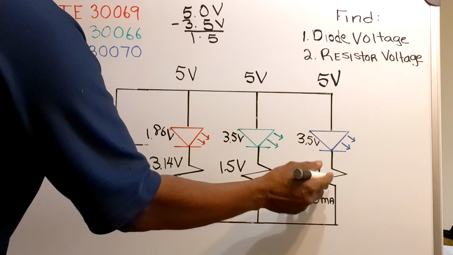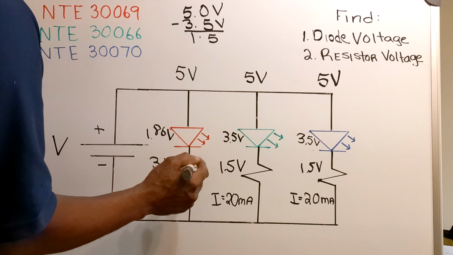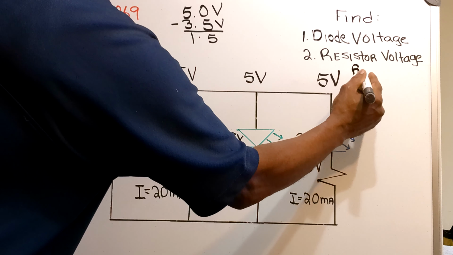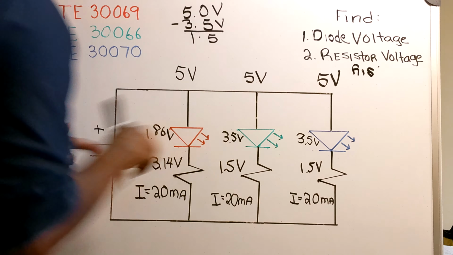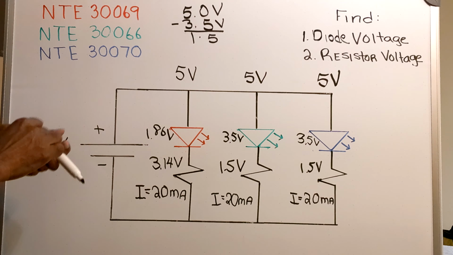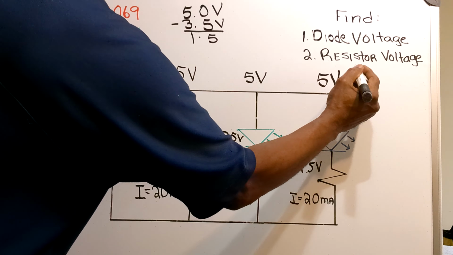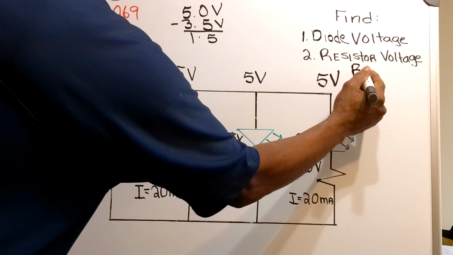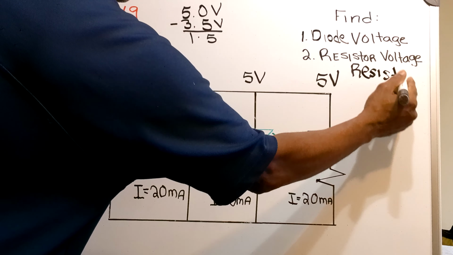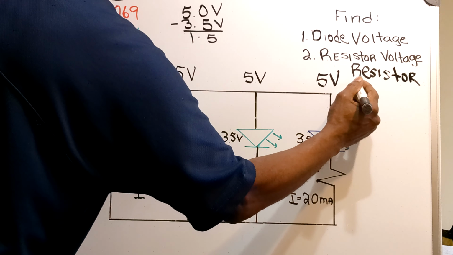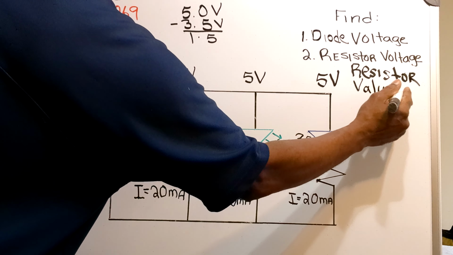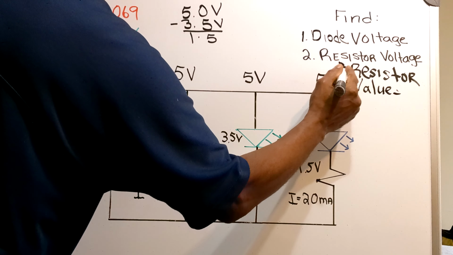Now I will find the resistor values. That should have been number 3.